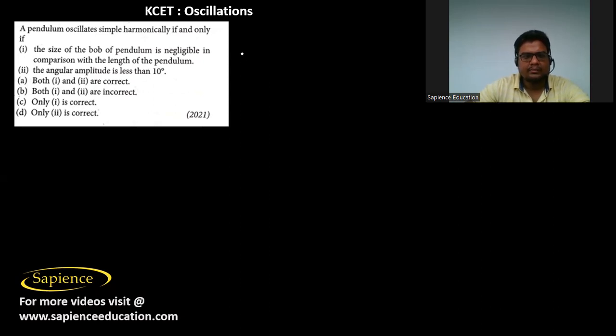So here it is told a pendulum oscillates simple harmonically if the size of the bob of the pendulum is negligible in comparison to the length of the pendulum and the angular amplitude is less than 10 degrees.